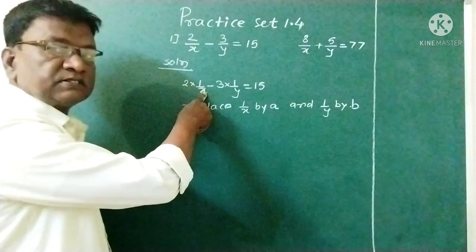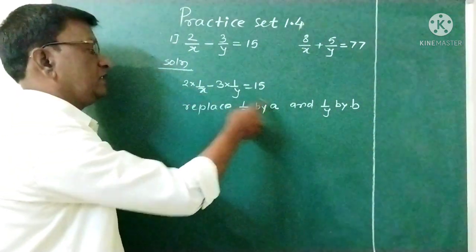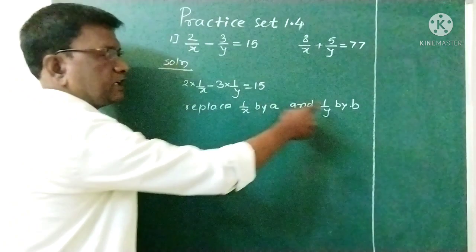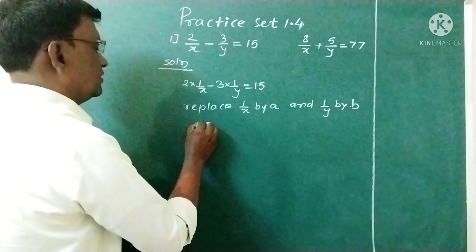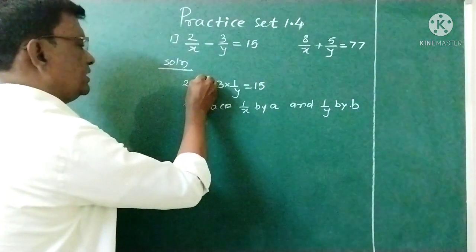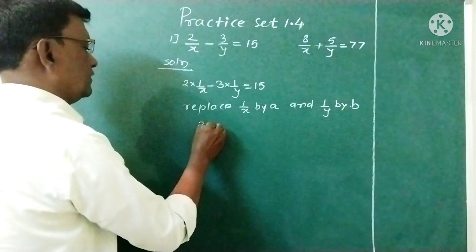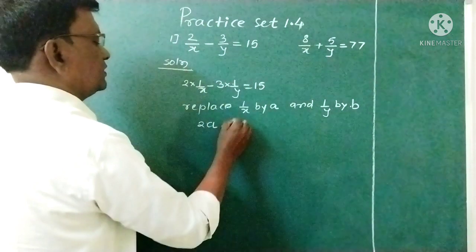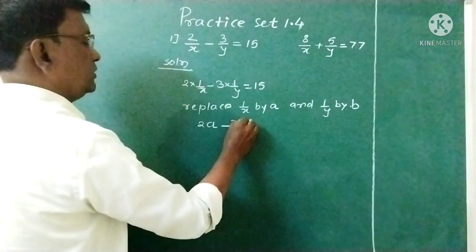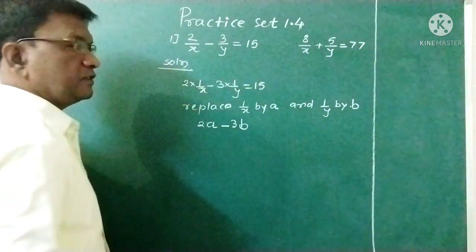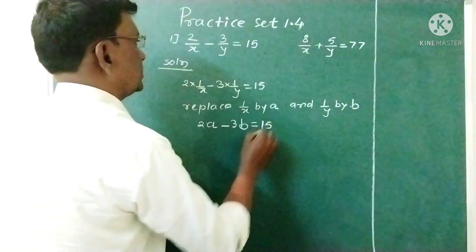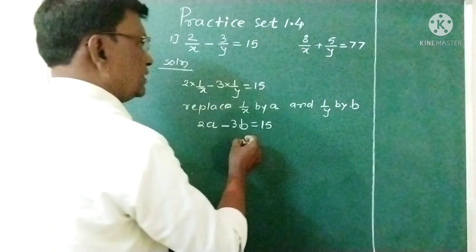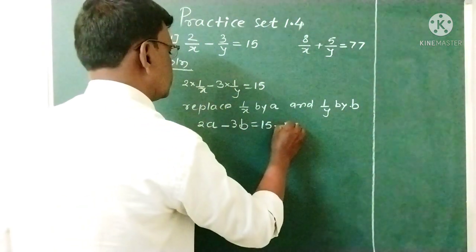Instead of 1 by x write a, instead of 1 by y write b, and substitute here. 1 by x is equal to a, therefore the equation becomes 2a minus 3, 1 by y is equal to b, therefore it is 3b equal to 15. So we get the equation, name it as 1 also.